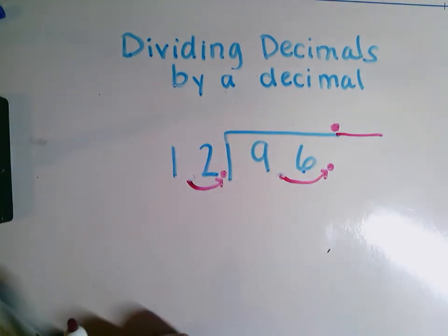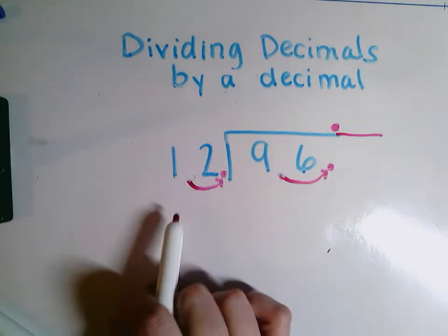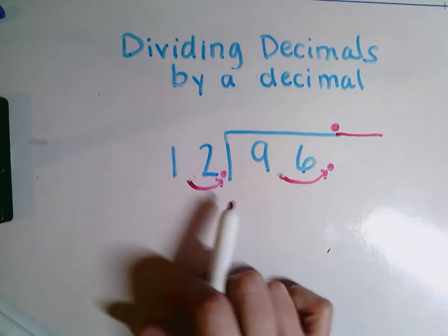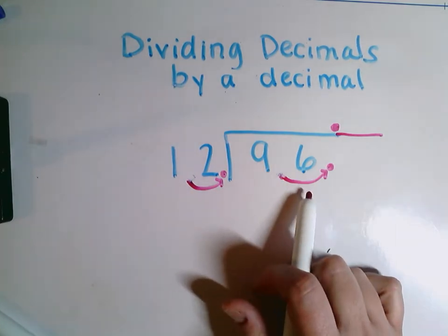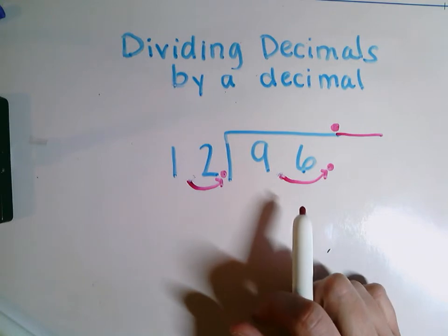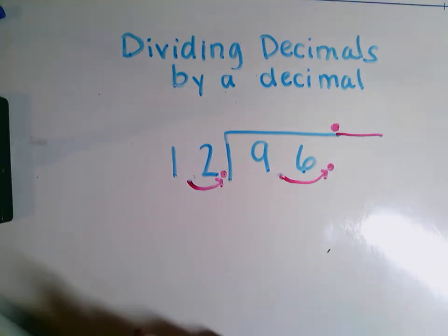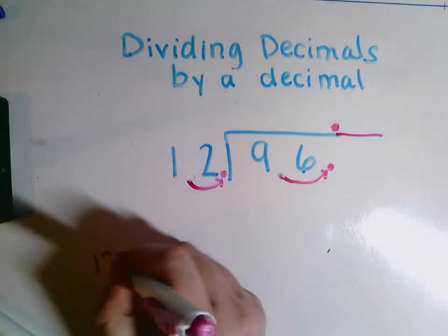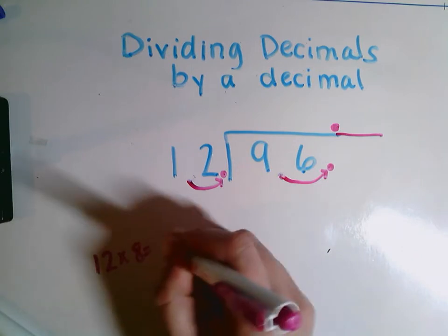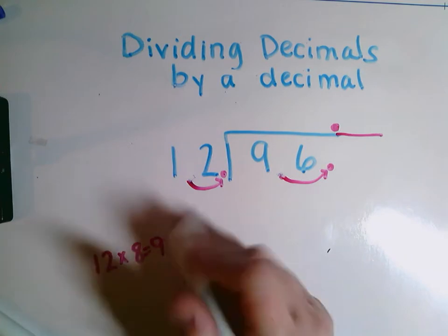So I could think to myself, what times 12 gets me close to 96? Maybe I need to use my multiplication chart if I'm not too strong with my 12s, but I know that 12 times 8 equals 96.